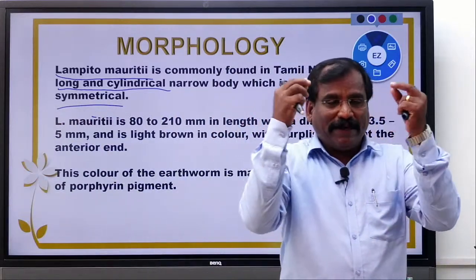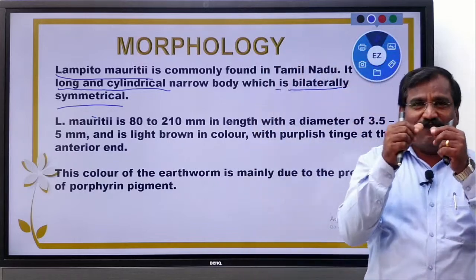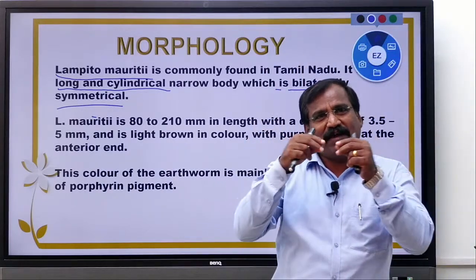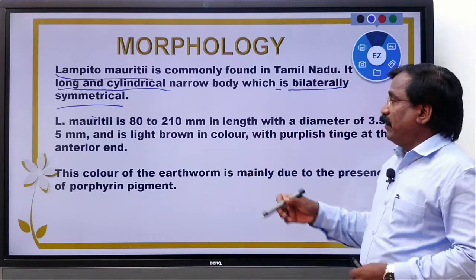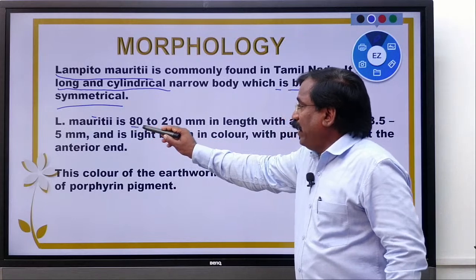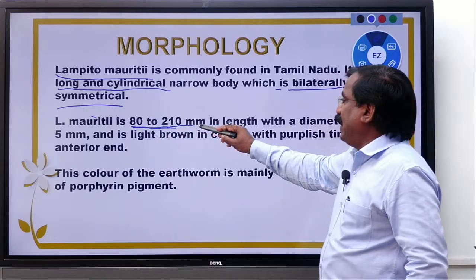You know an earthworm, bring that to mind. It is long, like a refill, it looks like that. So it is long, cylindrical, and 80 to 210 millimeter in length.